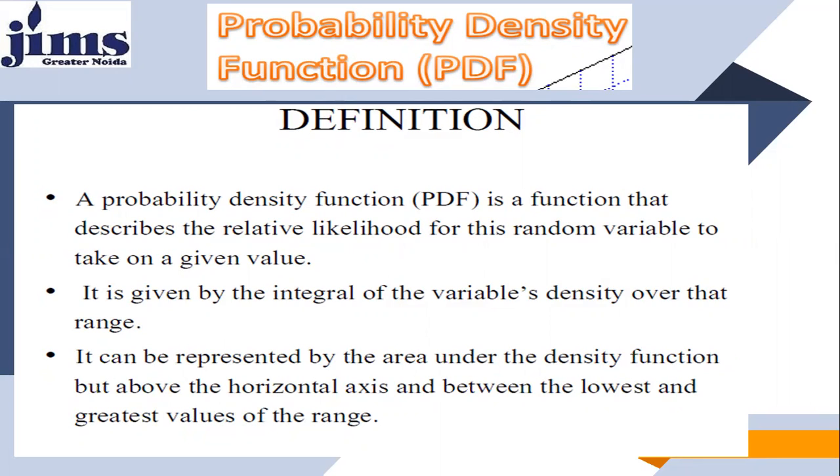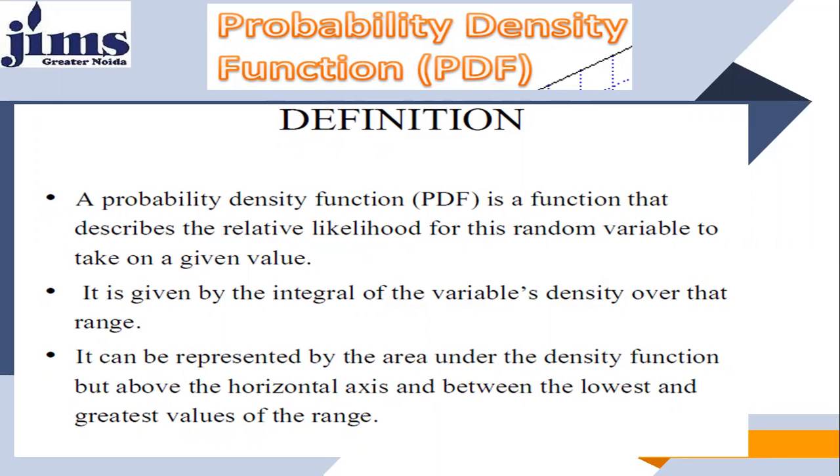To find the value of the random variable, you always integrate your PDF function by the range given, by the limit given in the particular numerical. So when you have a probability density function, it is always given to you with a range.